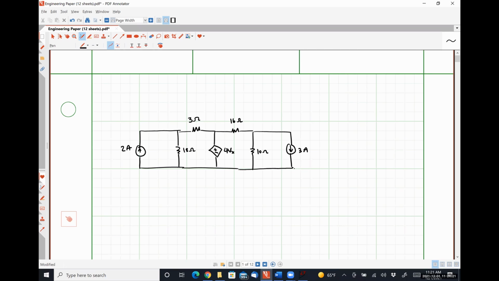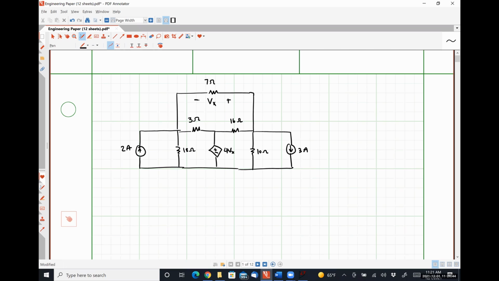We have a common node down here at the bottom. And then we have a 7 ohm resistor up here. The voltage drop across the 7 ohm resistor, positive polarity on the right, is our voltage Vx.